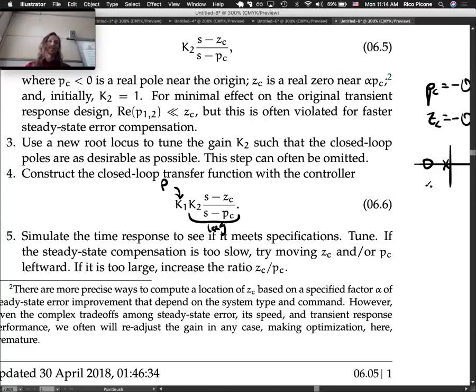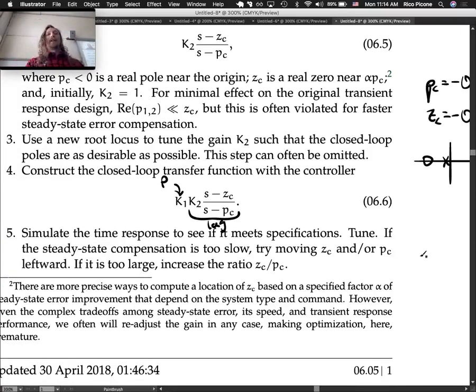So moving left will speed up the steady state error compensation, and we're going to see exactly that in our example. Because when we first do it, when we're very conservative at first with the placement, we will get a steady state error response that's very slow, and it slowly corrects. But if we want to speed that up, we move them leftward.